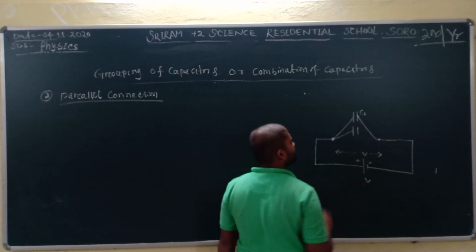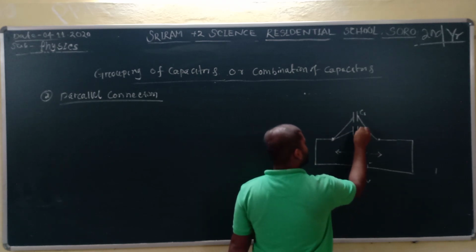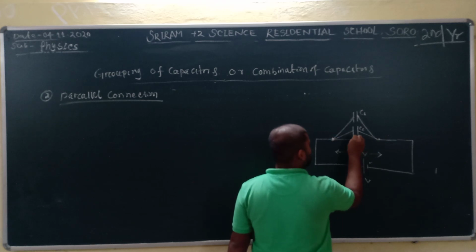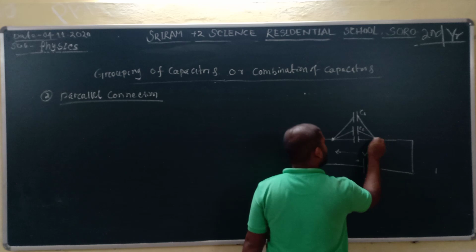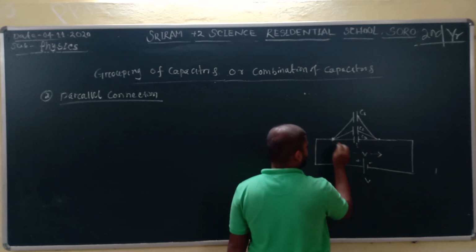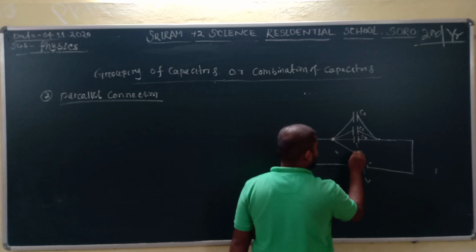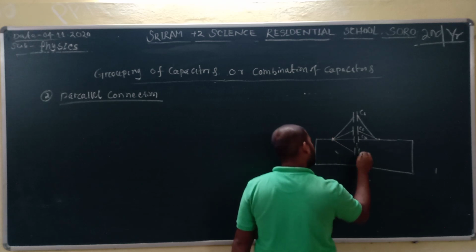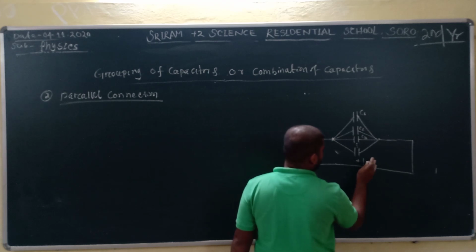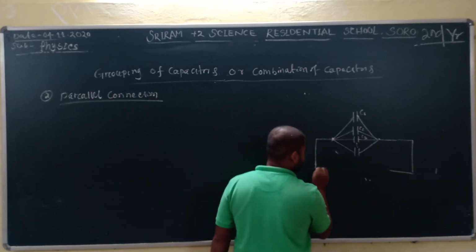Suppose this one is capacitor C1, this one is capacitor C2, this one is capacitor C3, and so on, this one is capacitor Cn.